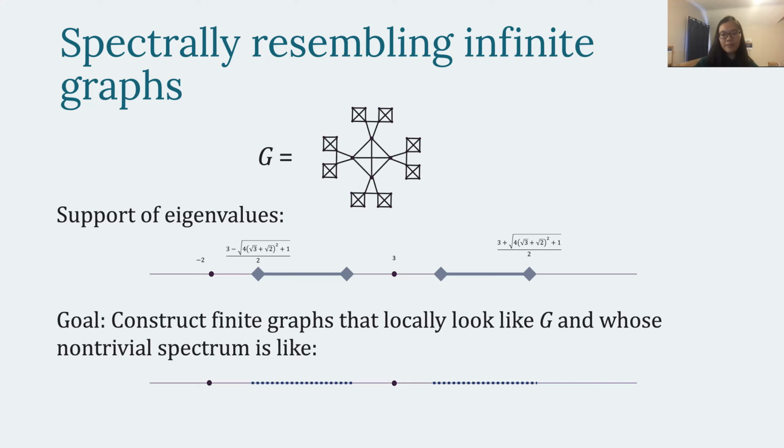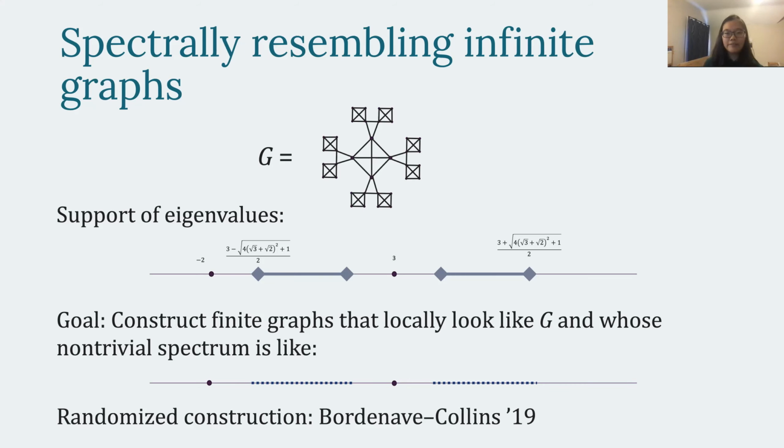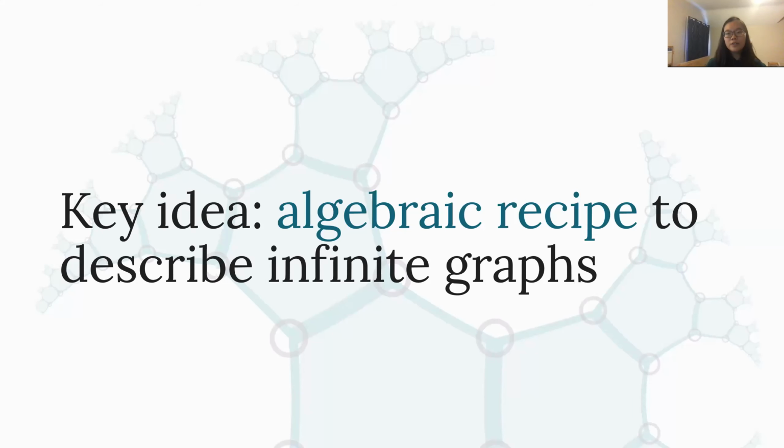In the recent paper of Bonhoff and Collins, they gave a randomized way to construct finite graphs that satisfy this. And our work here is to de-randomize this proof. I'm not going to be able to present all of the details of the construction, but for the rest of the talk, I'm going to give you one key idea from the paper of Bonhoff and Collins. We want to approximate all of these infinite graphs with finite graphs.